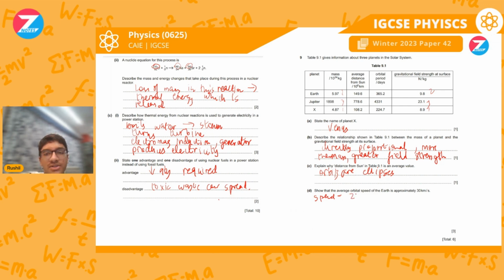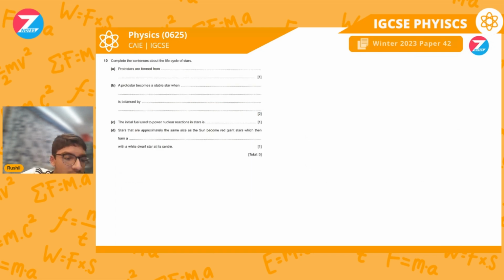So we have 2 into pi into the average distance, which is the orbital radius, 149.6. So we're using average values, which makes it accurate. Then the time taken, of course, we have to convert into seconds. So we have 365.25 days in which this orbit occurs.